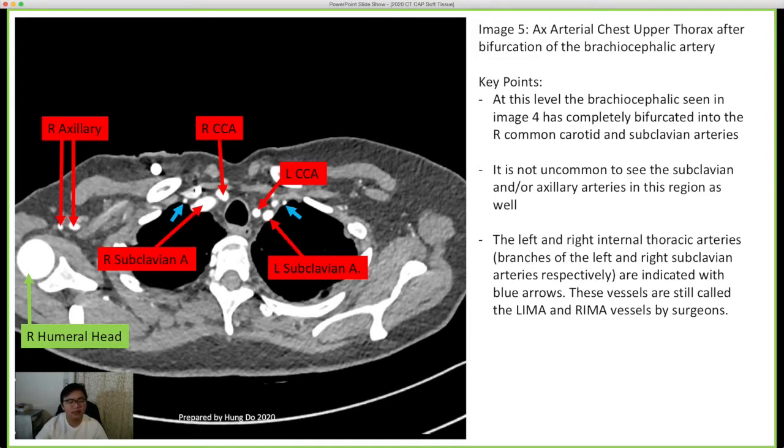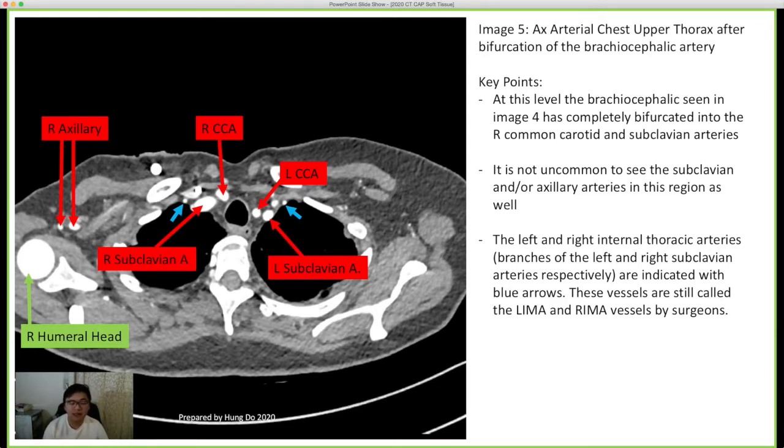Remember, your subclavian artery is just another name for the same vessel that eventually becomes the axillary artery. So because the arm is a multifaceted region with lots of different components, it is not uncommon, of course, to see the axillary artery and the subclavian artery in the same plane. And similarly, you can see the same thing there for the left side as well.